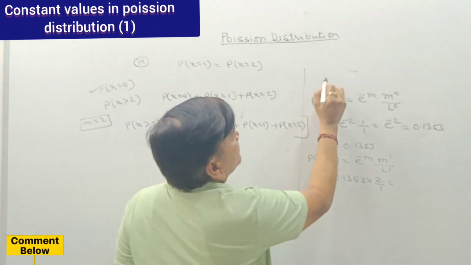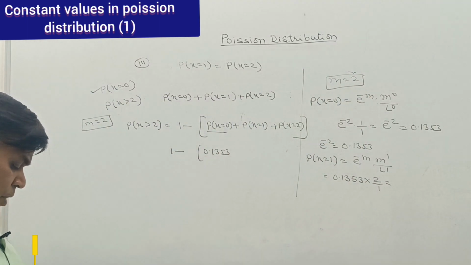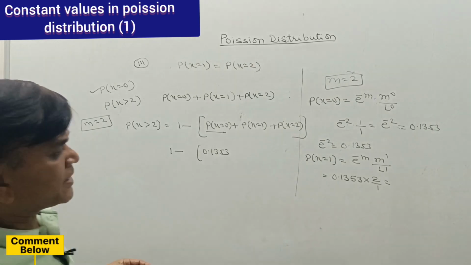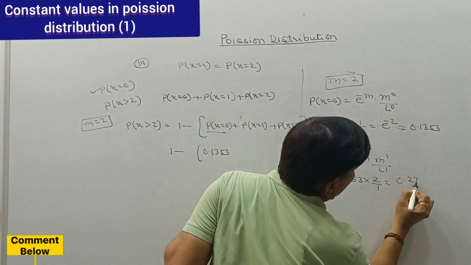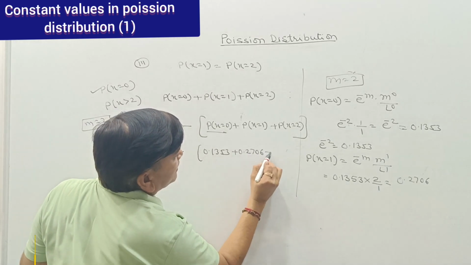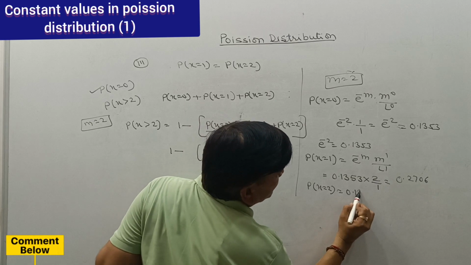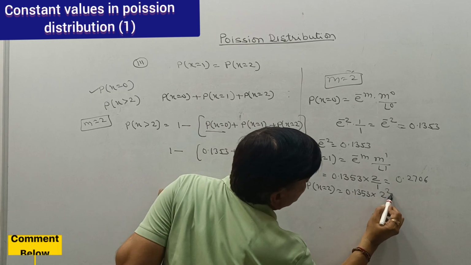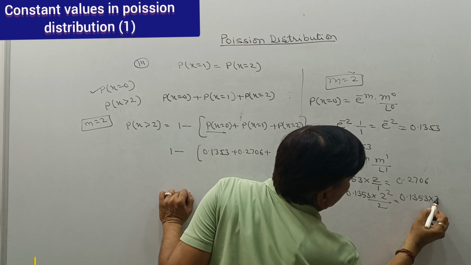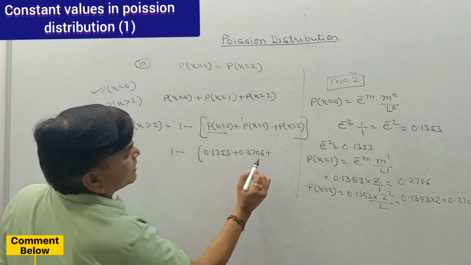So 0.1353 multiplied by 2 is 0.2706. And plus P(x=2), that is 0.1353 multiply 2 raised to power 2 upon 2, which is also 0.2706.